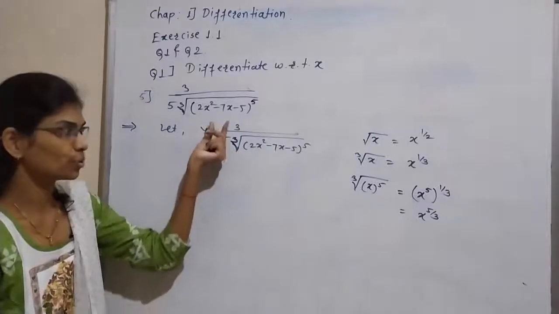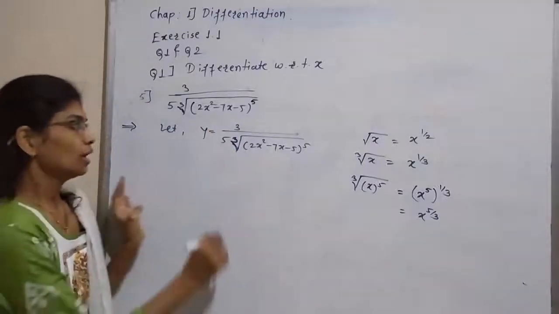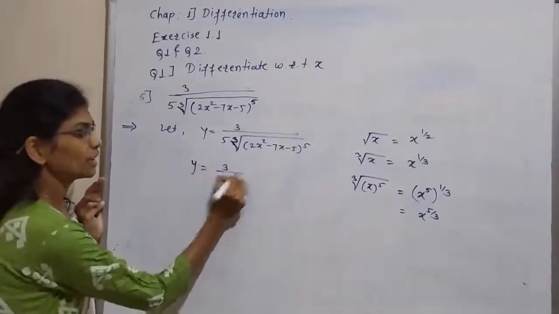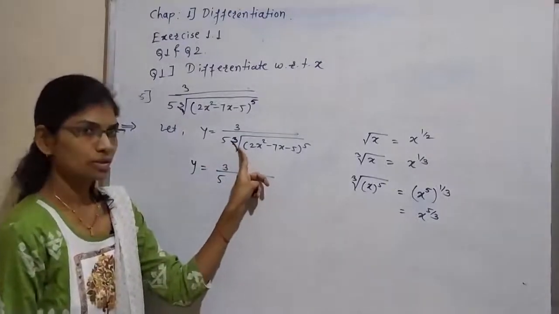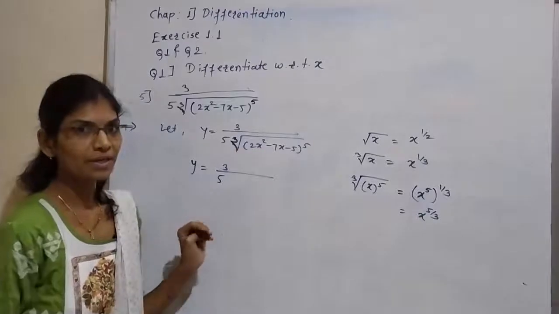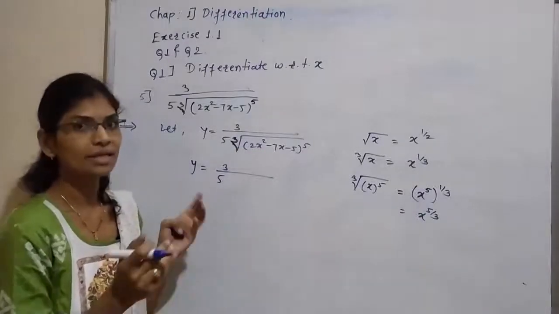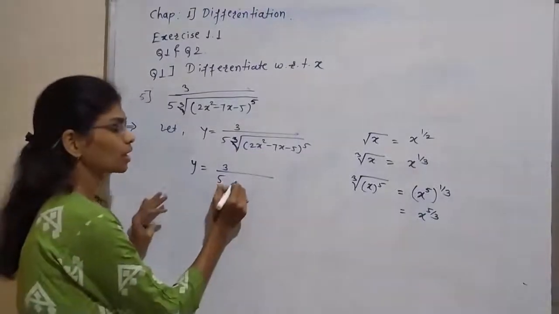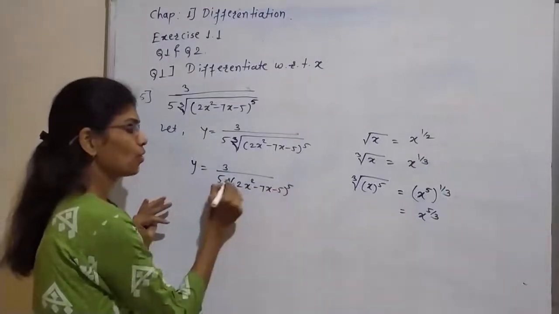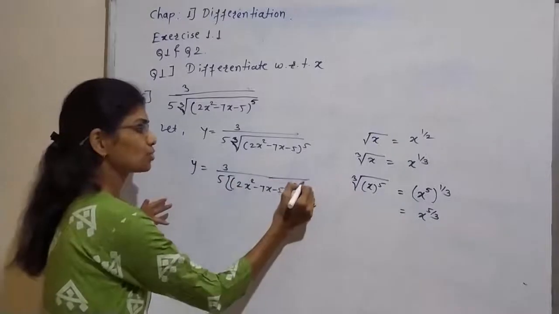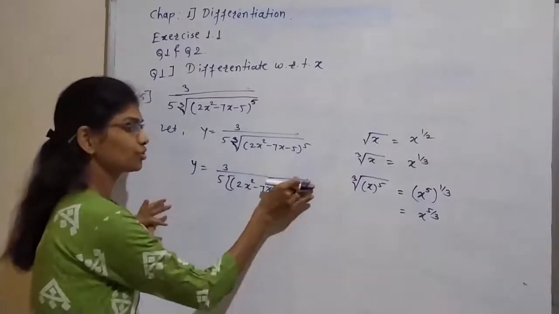Therefore, first of all, we have to simplify this one as y is equal to 3 divided by 5, cube root. It means in the form of an index, the whole bracket raised to 1 by 3: 2x raised to 2 minus 7x minus 5 raised to 5, the whole bracket raised to 1 by 3 is there.